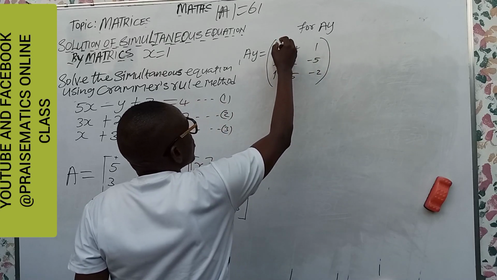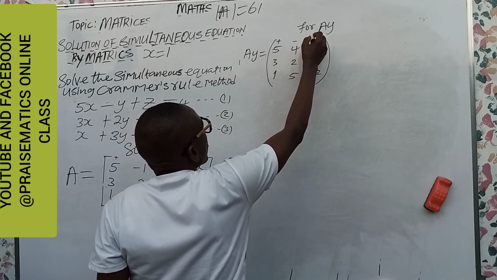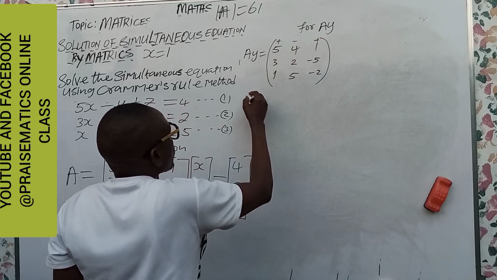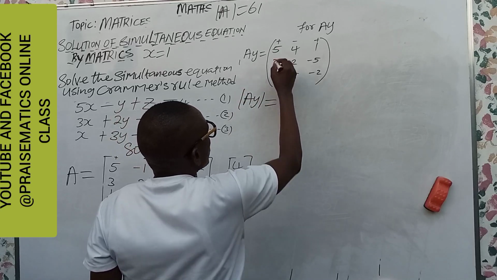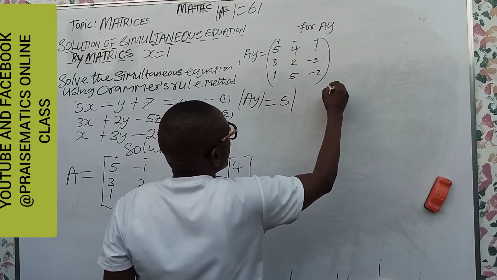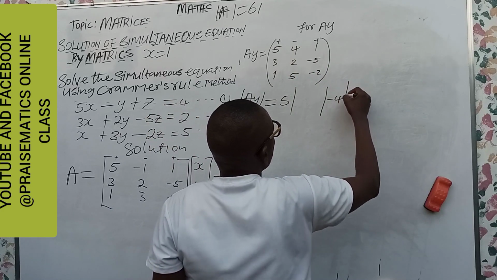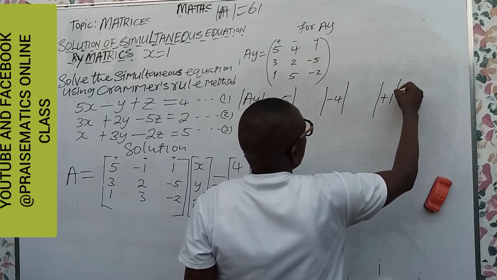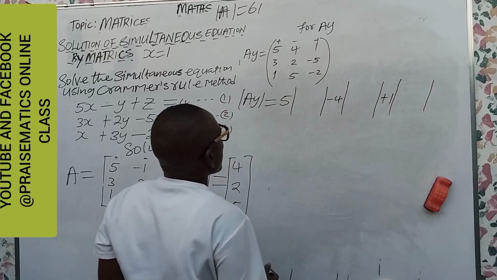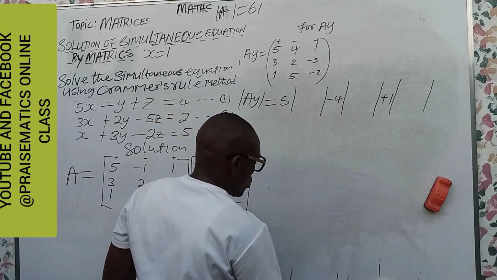And that is our A. So we have to assign the signs, which is plus, minus, plus. Now what do we have? Ay determinant is equal to 5 into, reduce is 2, minus 4 into 2, plus 1 into 2. Now normal thing as usual, what do we do?